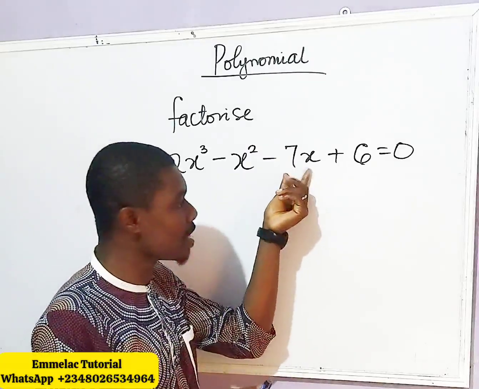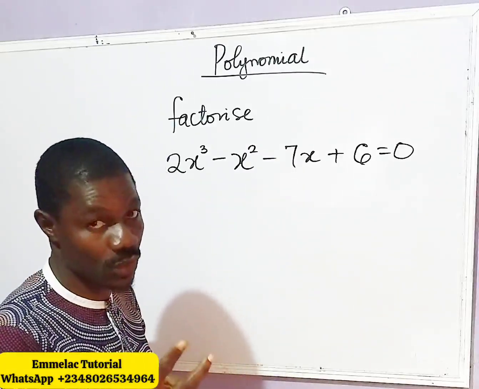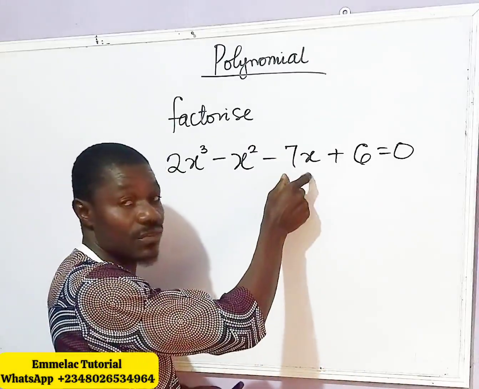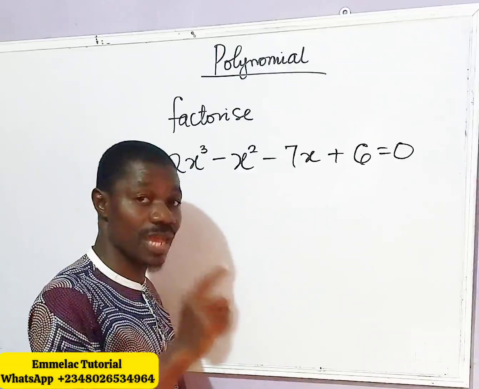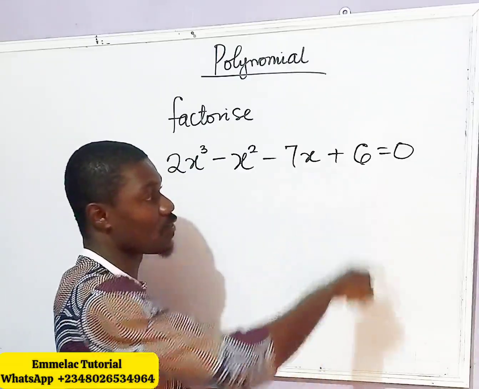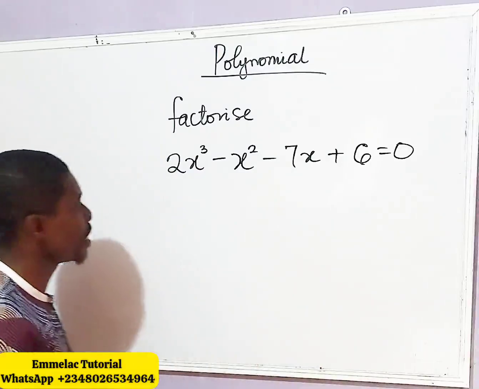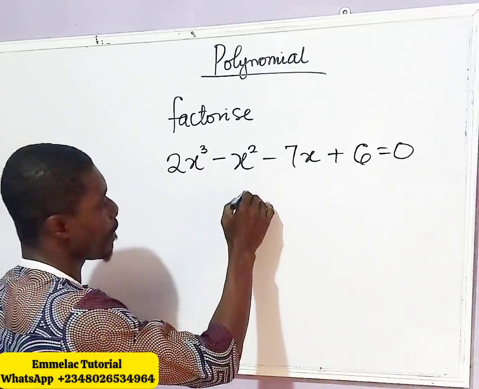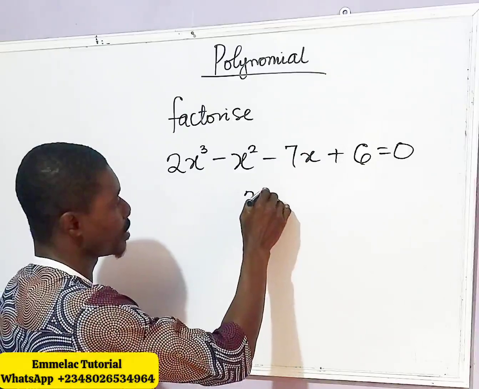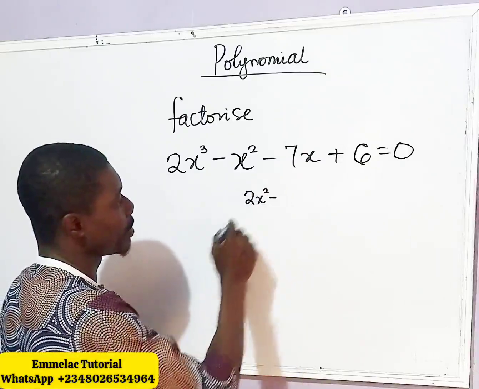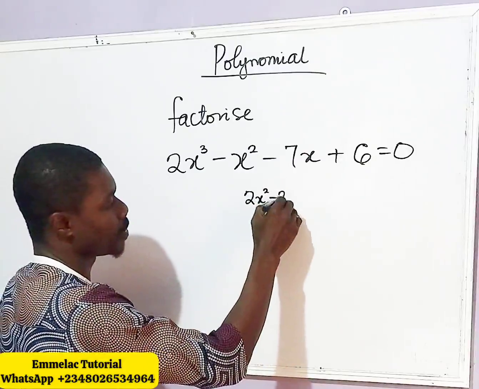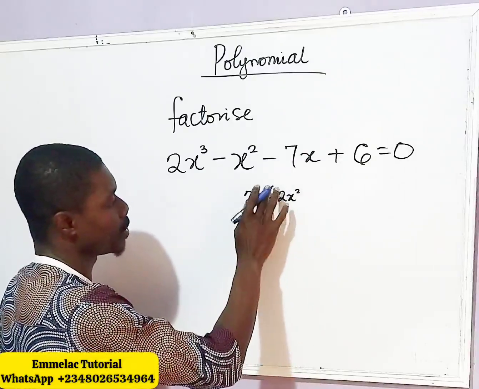The same thing here: two terms which, when we add, will give us negative 7x, and one of the terms must have a coefficient of what? 6.